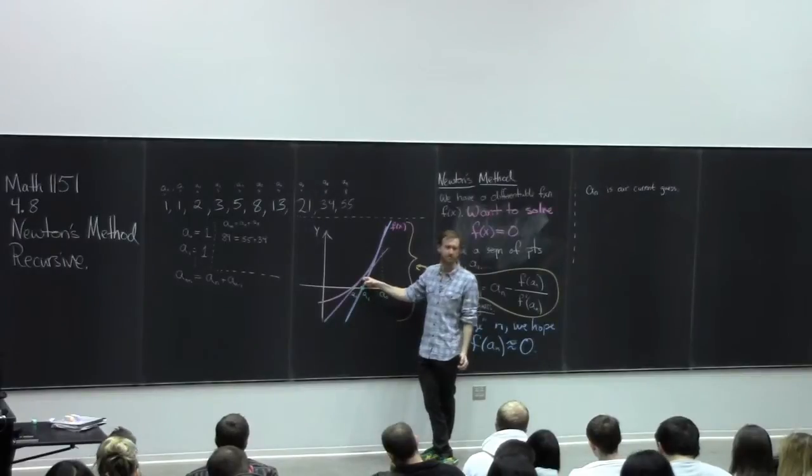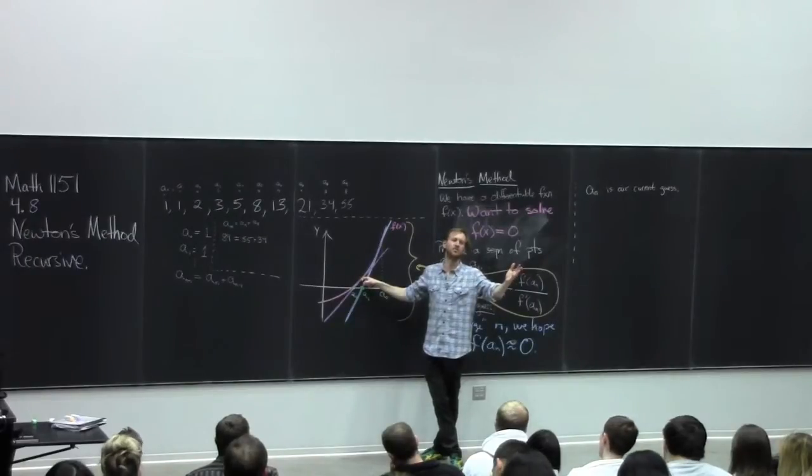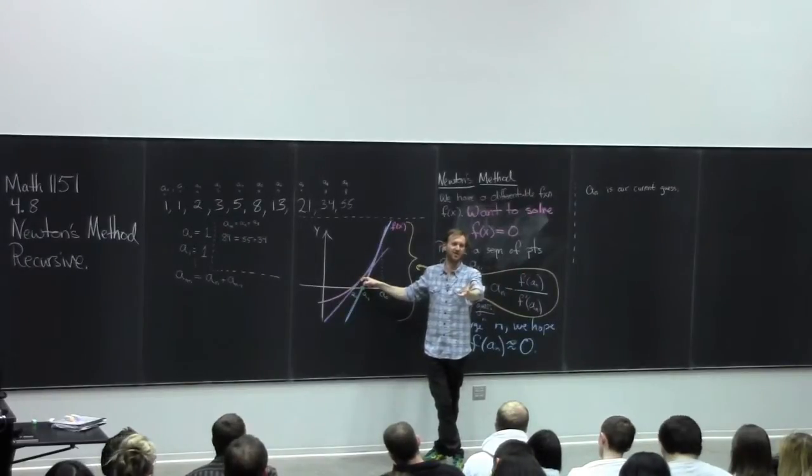What's the slope of this line? What do we use to find the slope? We use the derivative to find the slope, right?